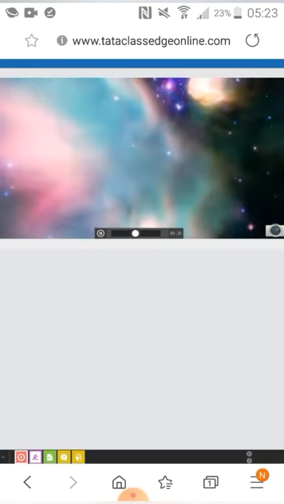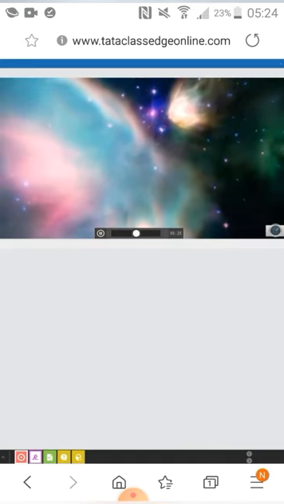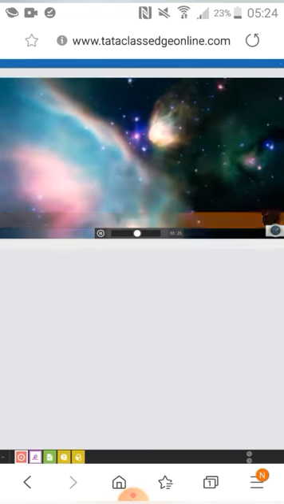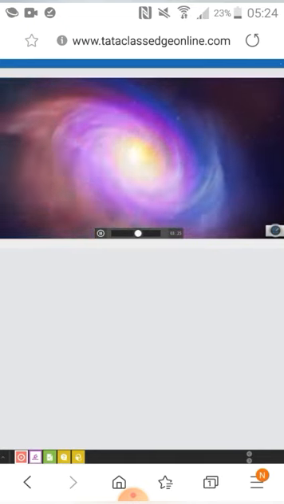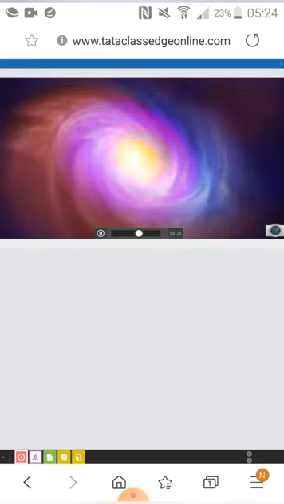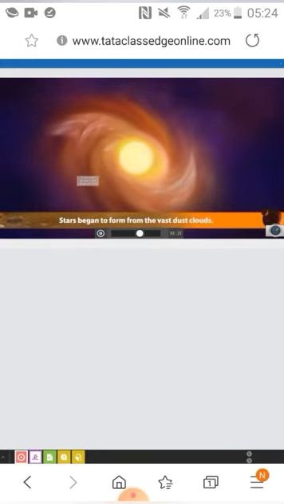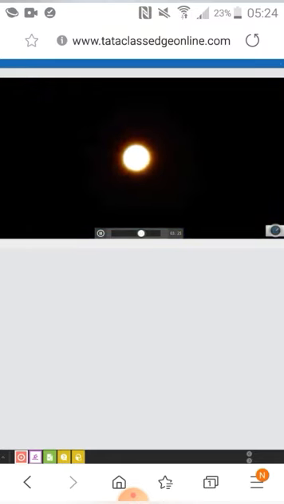Over a long period of time, many stars grouped together and formed galaxies. A galaxy is a cluster of millions of stars. We stay in one such galaxy. Our galaxy is called the Milky Way. It was formed about 2 billion years after the Big Bang.